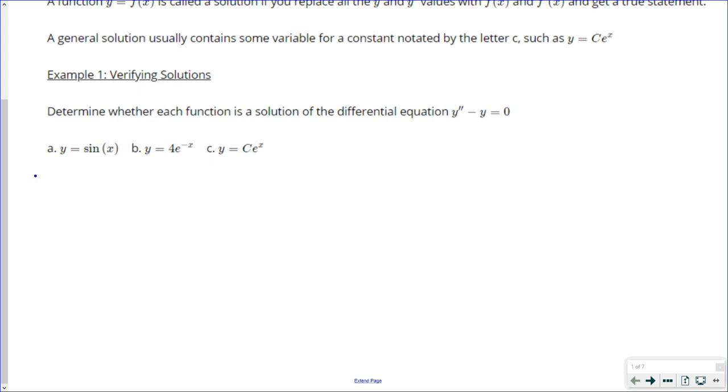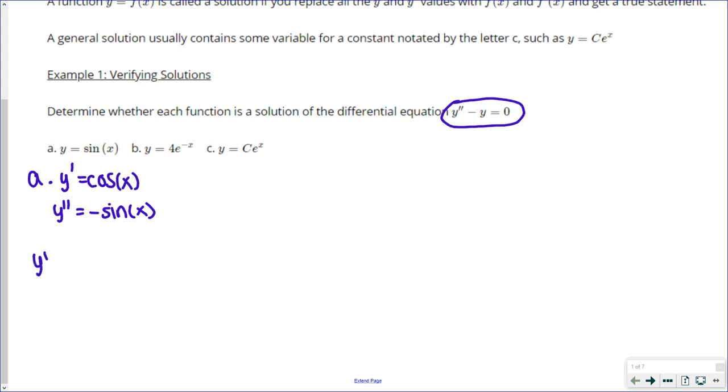For letter A, we're going to find the derivative of y. So the derivative of sine would be cosine. Our equation says we need the second derivative, y double prime, so we take the derivative again. The derivative of cosine is negative sine. Now we take our equation and replace the values: y double prime minus y equals 0.